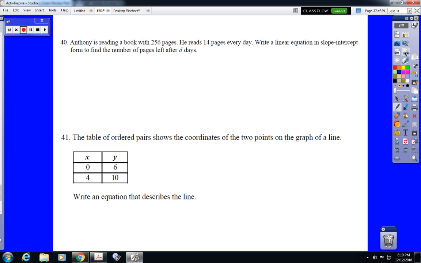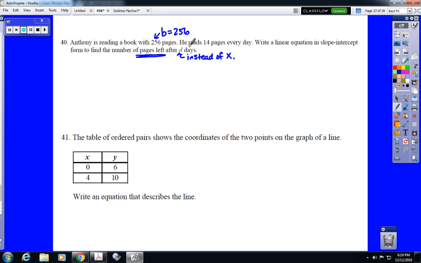Anthony's reading a book with 256 pages. He reads 14 pages every day. Write a linear equation in slope-intercept form to find the number of pages left after d days. So they want us to use d instead of x. We're starting off with an initial value of 256 pages, so that is our b value.